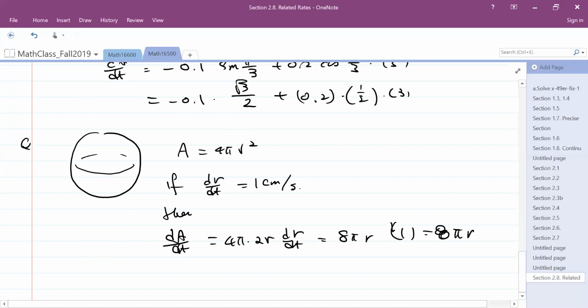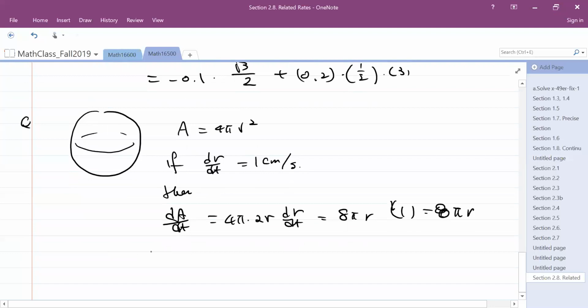Okay, it cannot be uniquely determined if you just know the rate of change in radius. So at any time, if you are given information at that moment, the radius, then you can tell the change in the area.